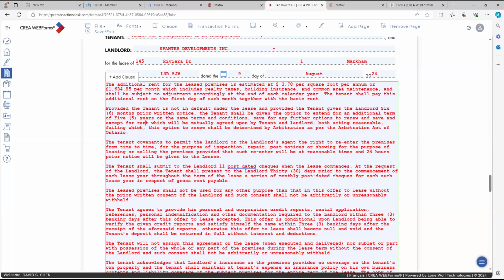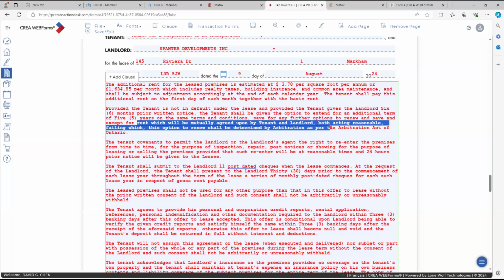The actual reasonable payment will be mutually agreed by tenant and landlord. Normally we say market price. Otherwise, if you don't reach an agreement on the rental rate, you may need an arbitrator. In many cases, I did not often see anything like that, so the market rate will be based on both parties agreeing.